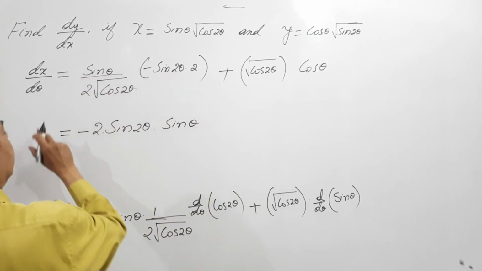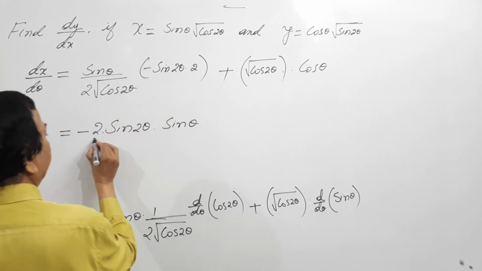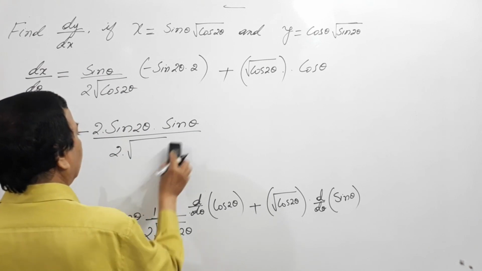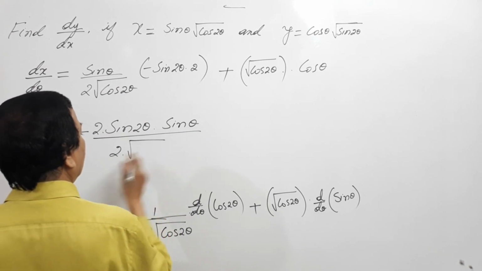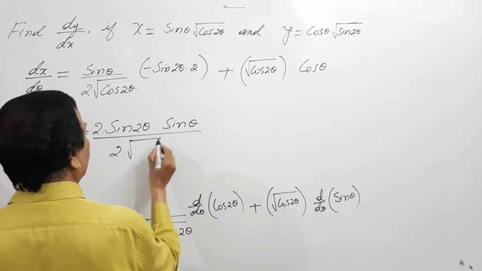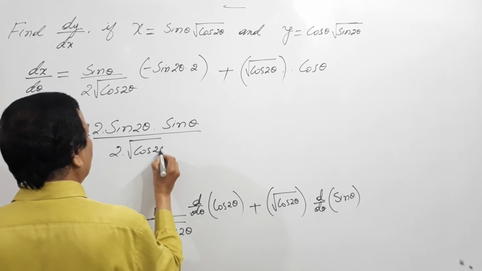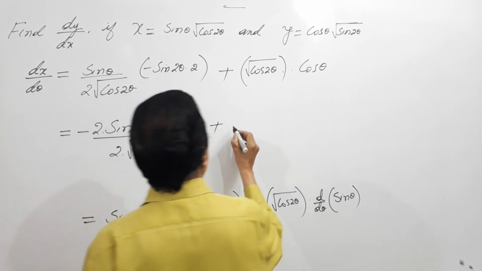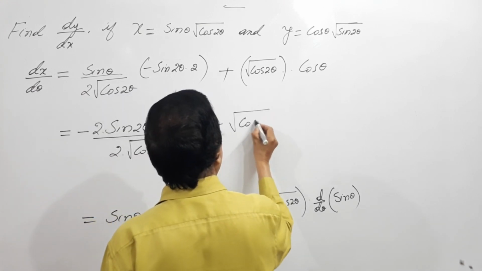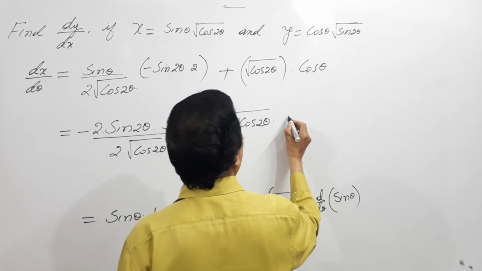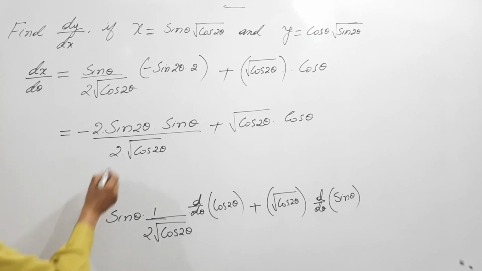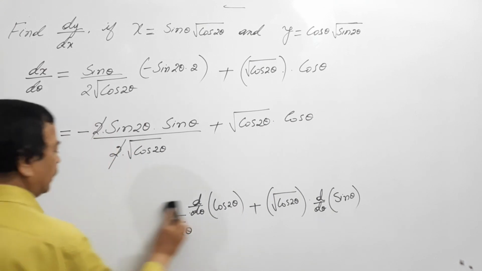I take this minus sign, divided by 2 into root cos 2 theta, plus under the root cos 2 theta into cos theta. So here this 2 and this 2 cancel.